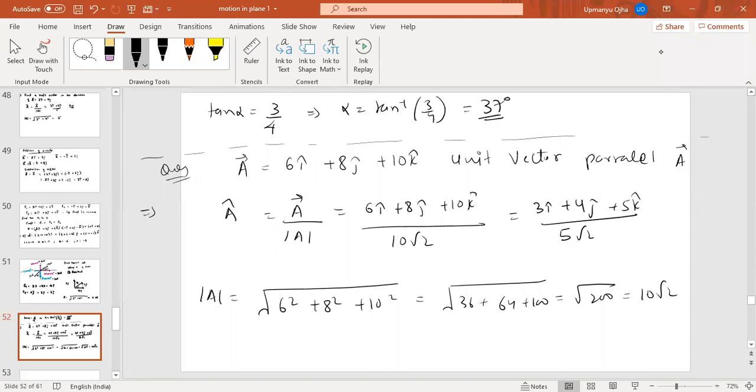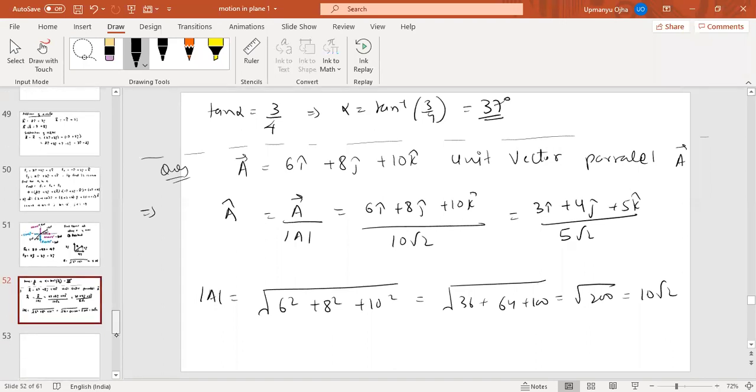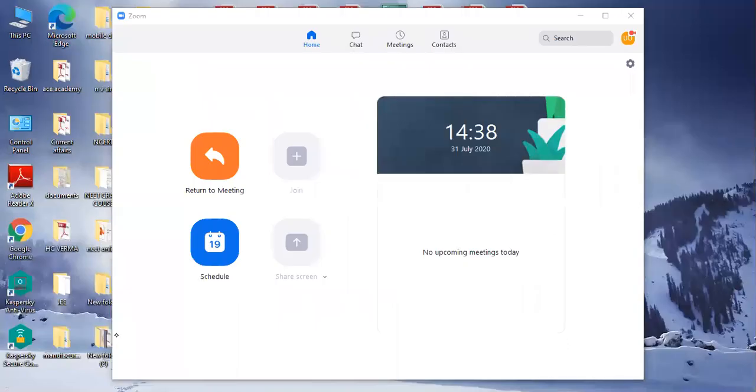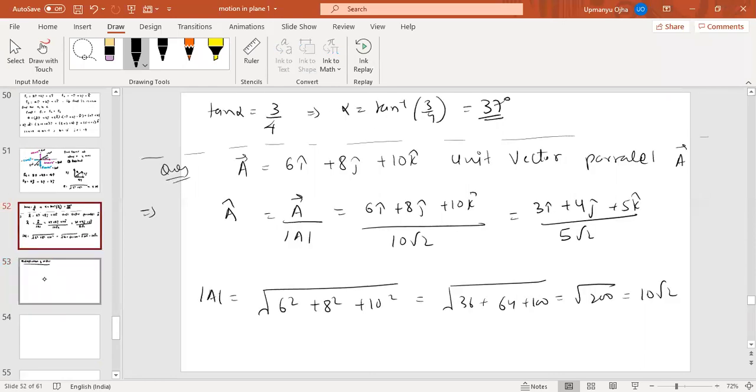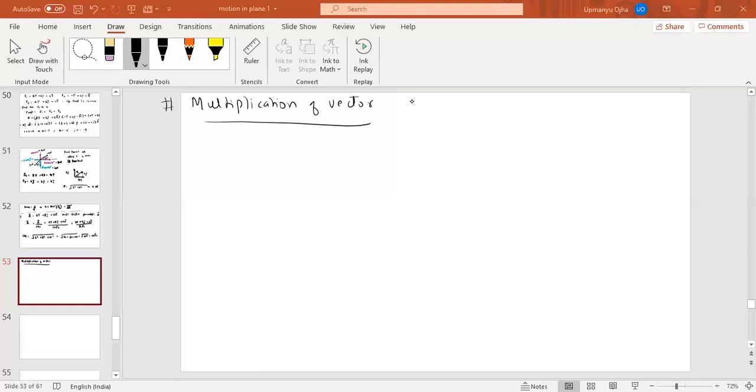Now next is the multiplication of the vectors. We have done addition, like how to add two vectors and how to subtract two vectors. Now the next topic is the multiplication of the vectors. Basically there are three ways of multiplying.